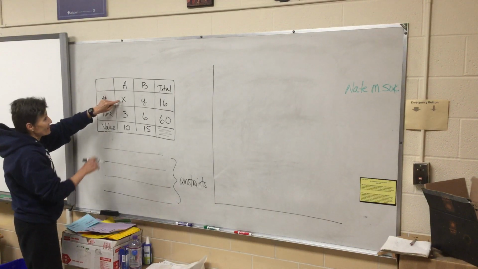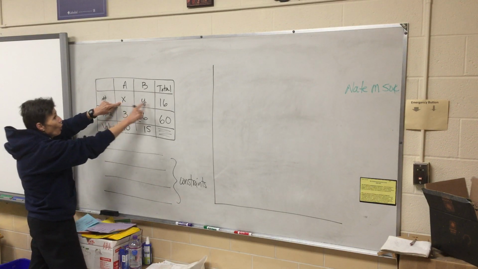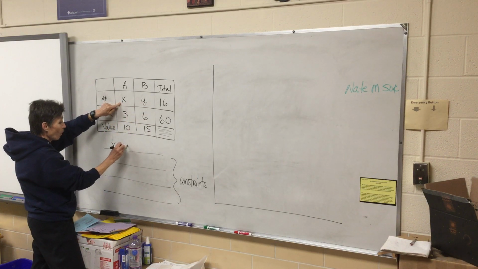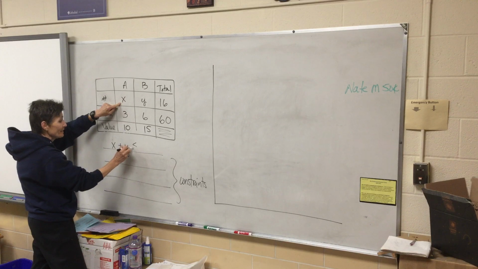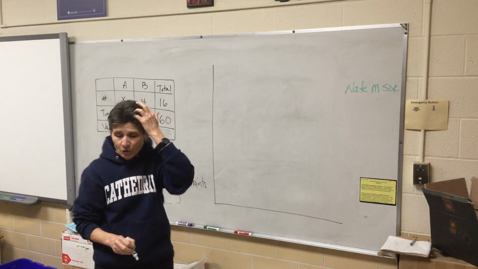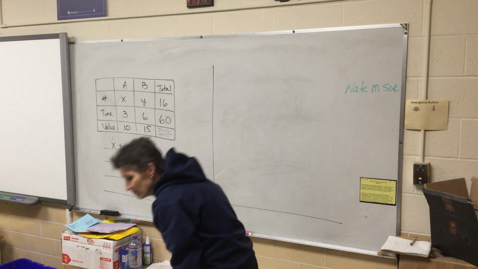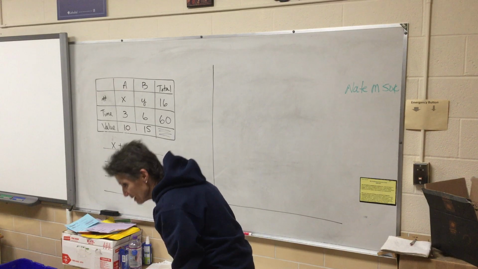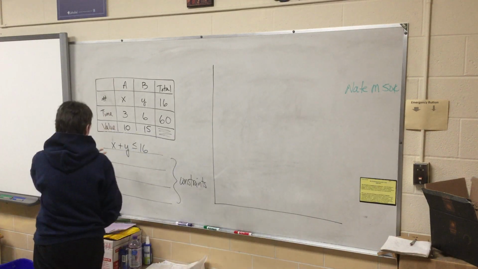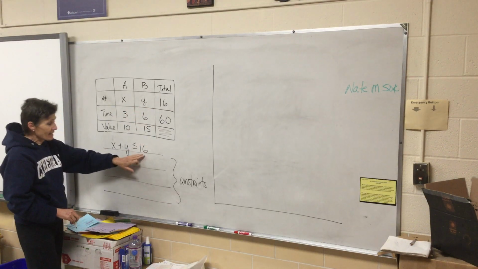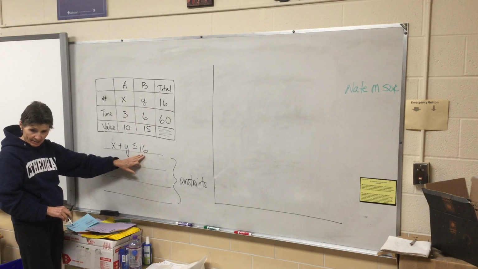So that means that your total number of questions, your X's plus Y's, has to be less than or equal to 16. You can't answer more than 16. You can answer 15, but you can't answer 17. So the total number of questions that you answer has to be less than or equal to 16.